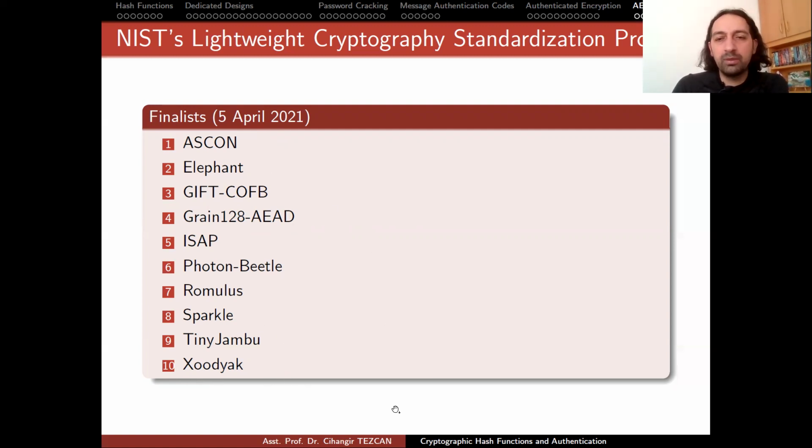So this is important because now we have like 1 or 2 years to choose the winners. And NIST is expecting performance comparisons of these algorithms on many different platforms, but they're also expecting cryptanalysis results on these algorithms so that they can easily eliminate the bad ones and choose the best one as the winner, but maybe they might choose more than one winner.